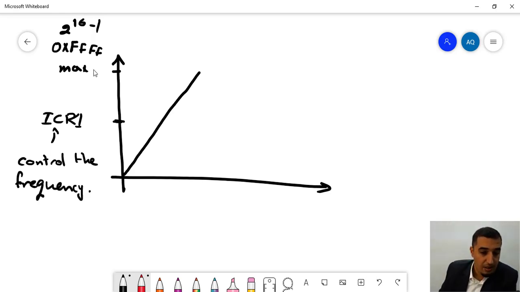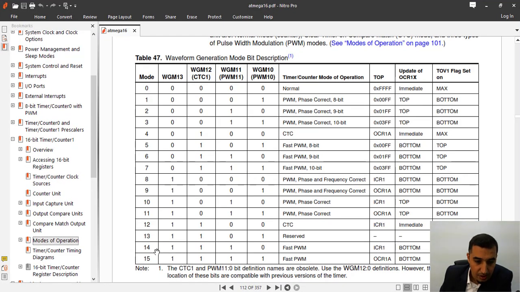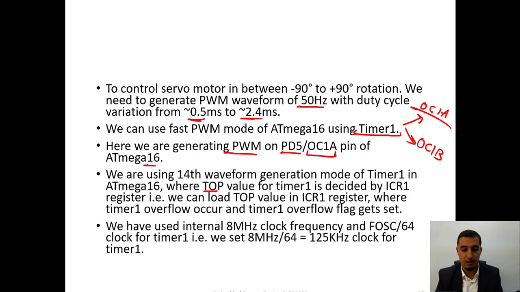So we are going to use wave generation mode 14, a fast pulse width modulated signal with ICR1 as top, and the OCR1 as our compare value, with the overflow flag set at top. It's quite straightforward. I will show you how to do it and explain it in detail.